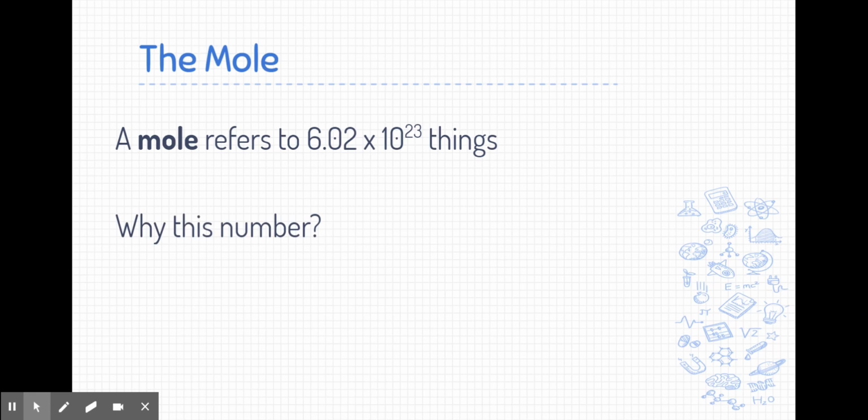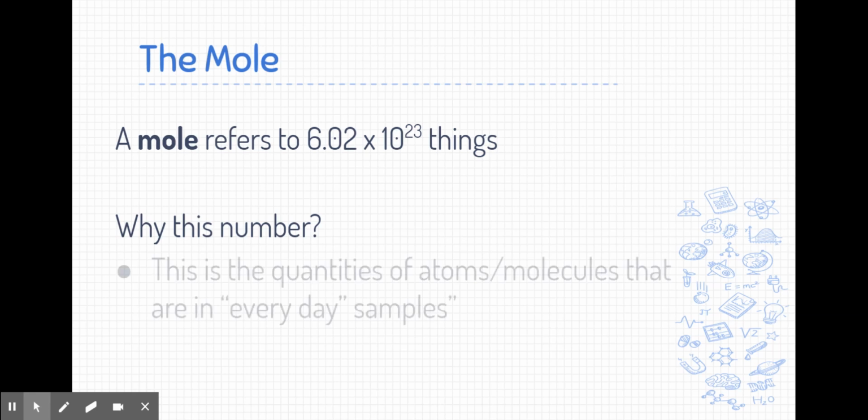Why this number? Well, there are 2 reasons. First, let's talk about the scale. What do I mean by that? Well, I mean the last part of that number, 10 to the 23. Remember that really huge number I put up on the screen? That was 10 to the 24.